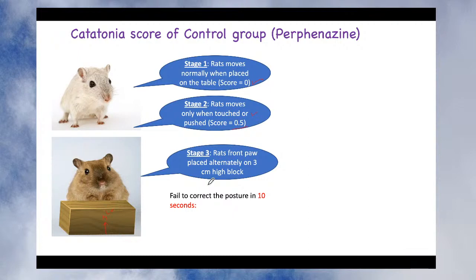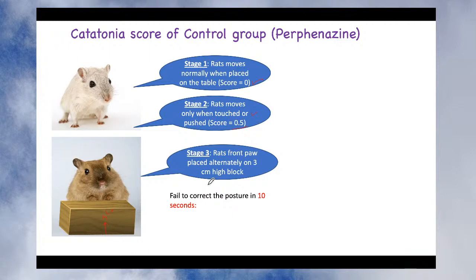Generally, what happens, like in your case also, if I ask you to keep your hand up for a long time, there will be pain and you will not be able to do that for long. Likewise, the animal will also not be able to tolerate a backward posture for long.